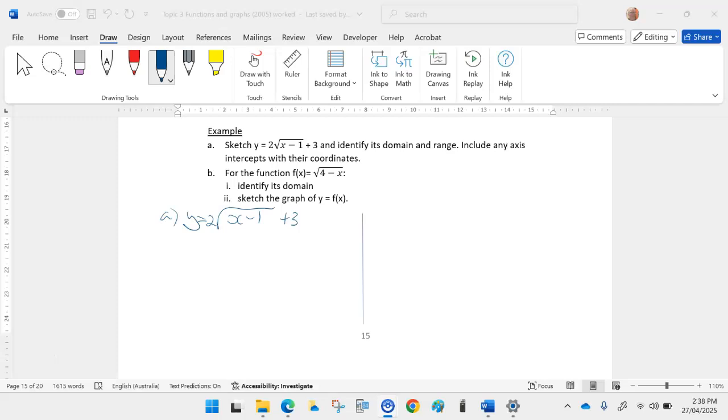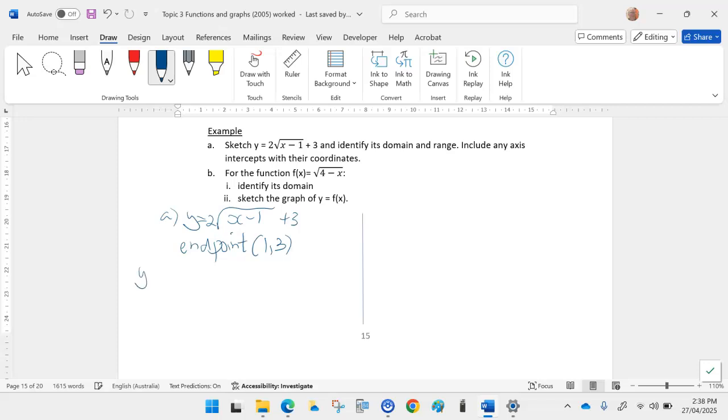From that, I can identify the endpoint. The endpoint would be 1, 3. So already I can draw something that looks like that, which I will in a moment, but I'm trying to think. Do I need some room?